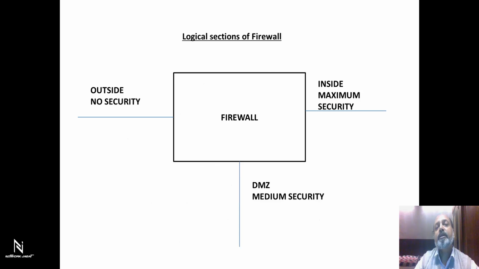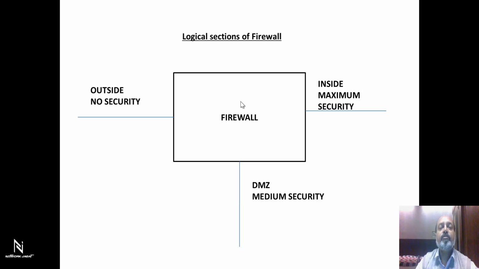At this point, I would like to draw an analogy. If you are confused about why traffic should not flow from outside to inside by default, whereas it flows from inside to outside by default, just consider water levels.